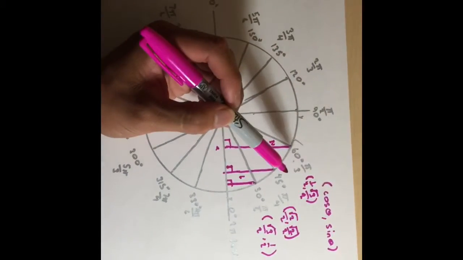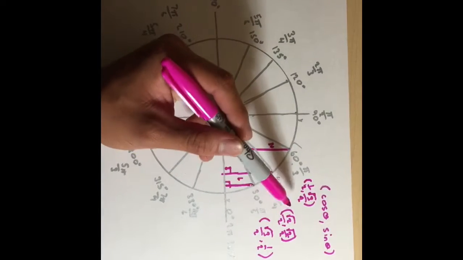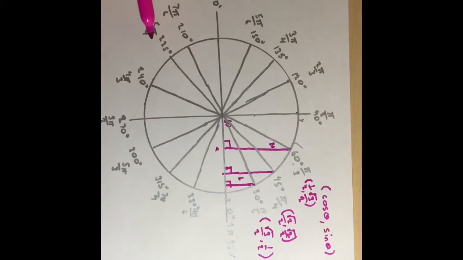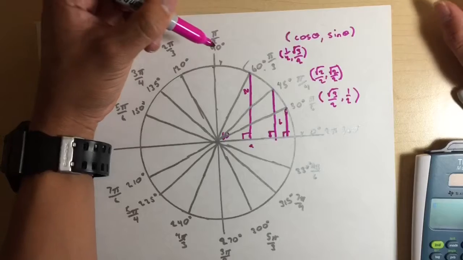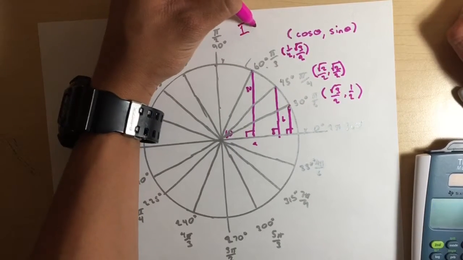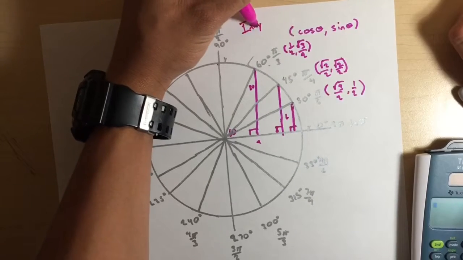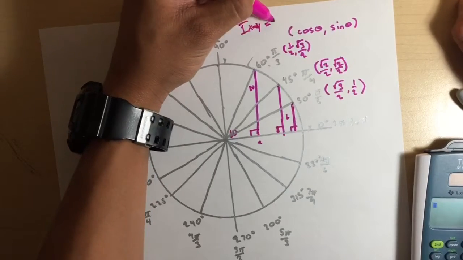Now that we've solved for the coordinates of each of these in the first quadrant, we could solve for the rest in the other 3 quadrants. Now we have to remember that in quadrant 1, the x and the y are both positive.